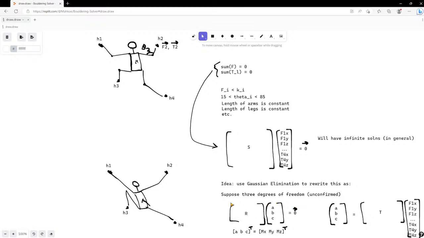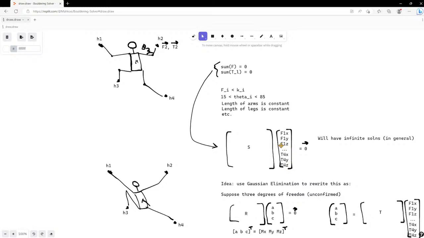If there's 3, this doesn't look like 3 degrees of freedom. This looks like solving a linear equation that has no degrees of freedom. Where are the degrees of freedom in this expression?